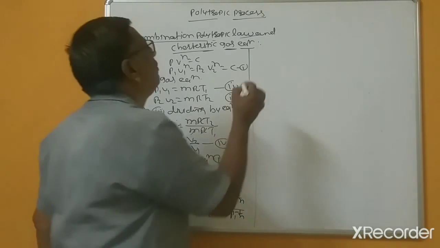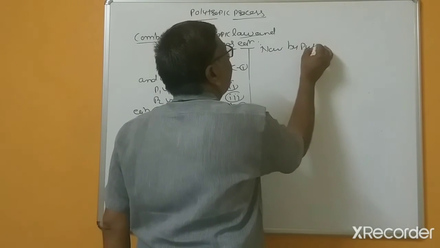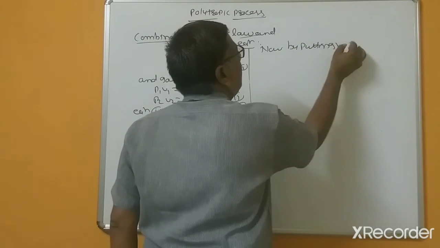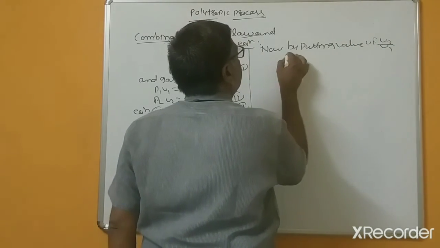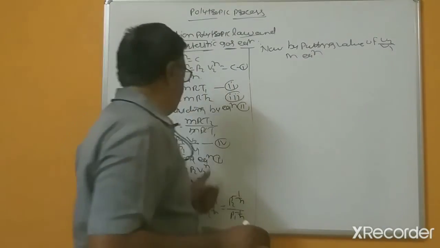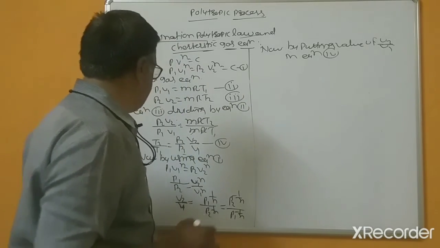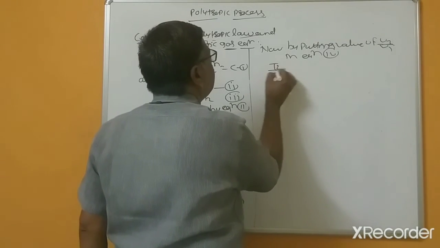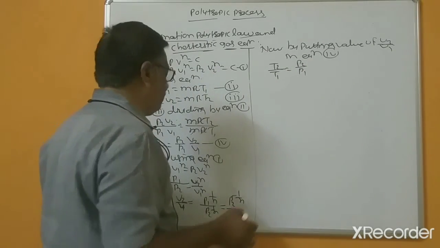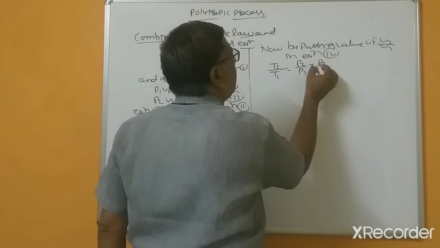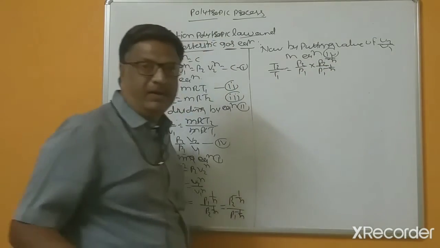Now by putting the value of V2 divided by V1 in the fourth equation, I can write T2 divided by T1 equal to P2 divided by P1 times P2 divided by P1 raised to minus 1 by n.